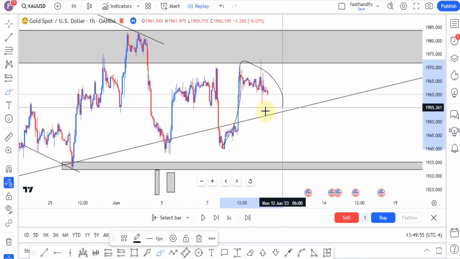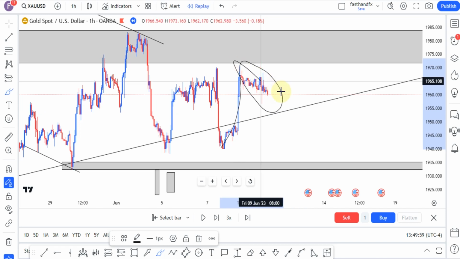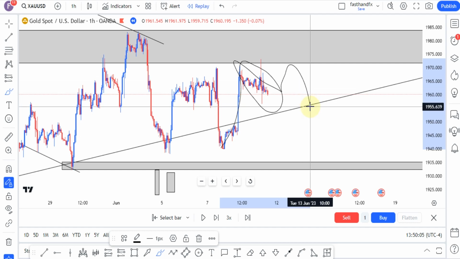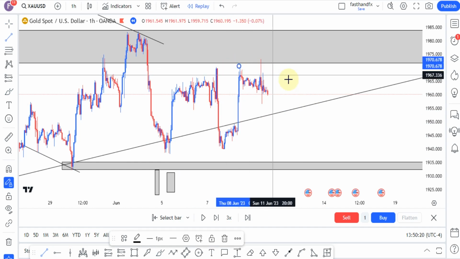Maybe it can go up again, then something like that. So let's see, guys, what it does. Let's see what it does, and let's draw these correction trend lines above this area, and see what happens, guys.